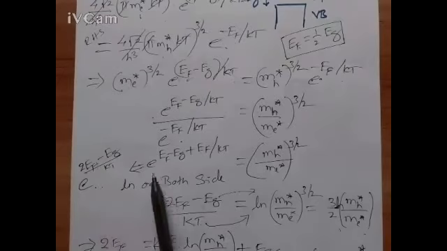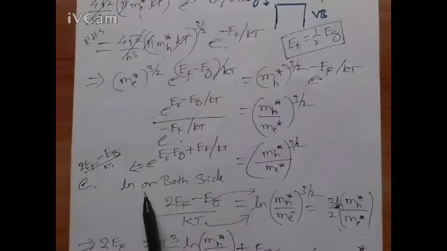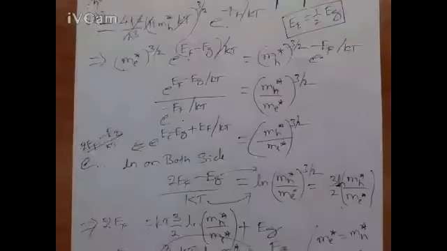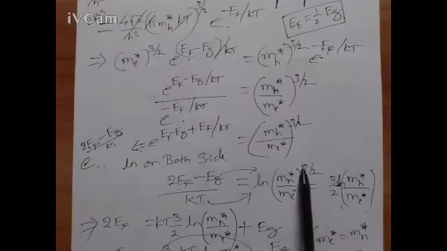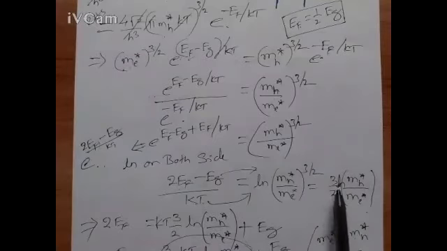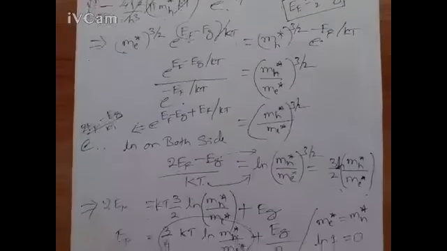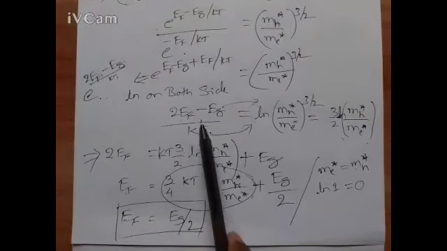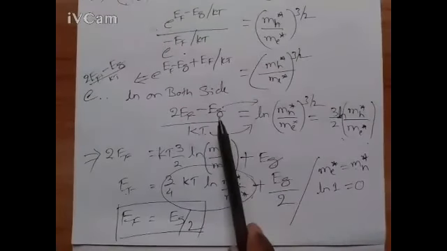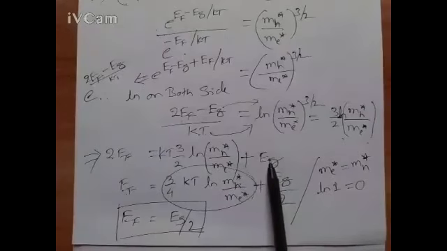Since it is an exponential term, take ln on both sides. When I take ln on both sides, this will be as it is, and here I apply the ln. The order term will come to the normal, that is 3 by 2 ln of mh divided by me. Then I wanted EFF, so I'll take this EG to the right hand side, it will be plus EG.